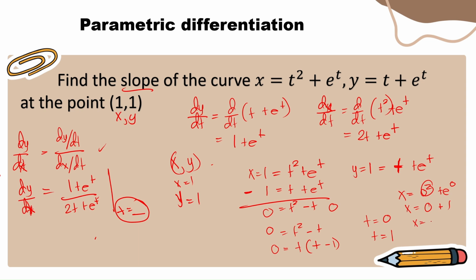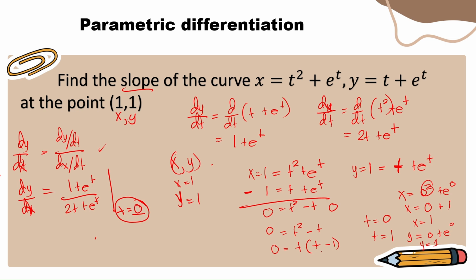So, x is equal to 1. That satisfies our condition that x should be 1 if t is equal to 0. Then how about y? y is equal to 0 plus e raised to 0, where e raised to 0 is 1 as well. So, okay that t is equal to 0. So, pwedeng t should be equal to 0.